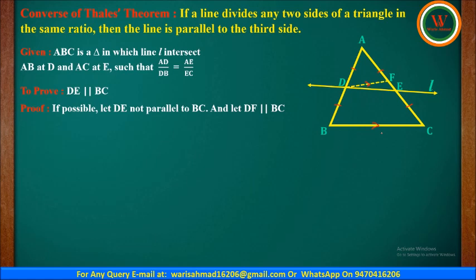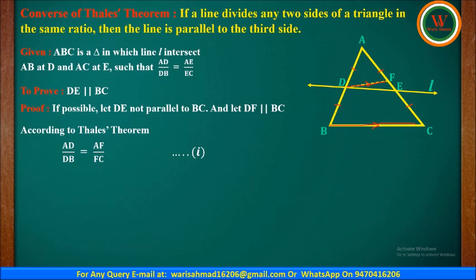After that, if we apply Thales theorem in triangle ABC, then we can write AD upon DB is equal to AF upon FC, since DF is parallel to BC. This is according to the Thales theorem. So here we can write AD upon DB is equal to AF upon FC.